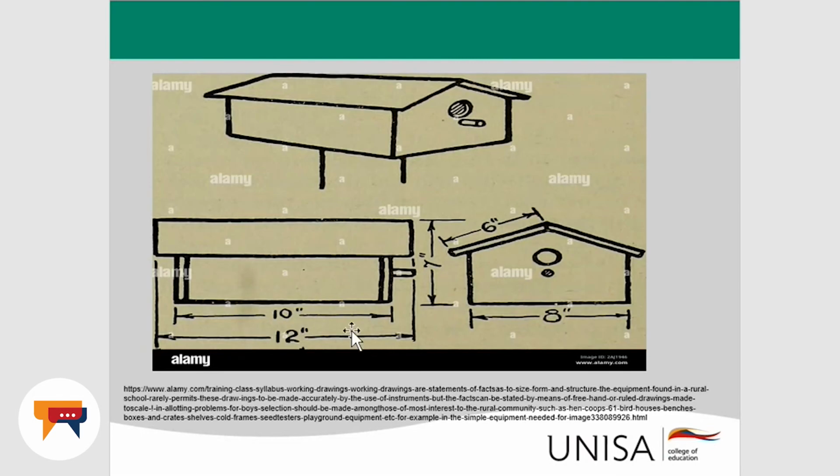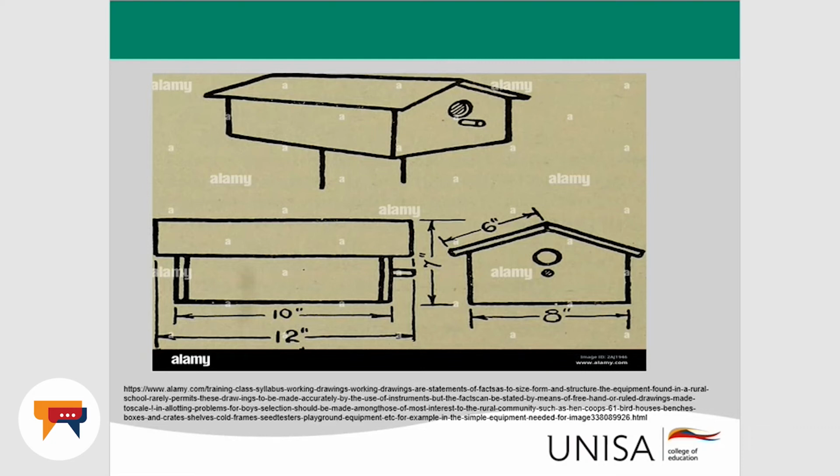As you can see, it's presented in both the 2D and also the 3D together with the dimensions. Don't forget to include the dimensions and also the labeling as it is done on the above diagram.